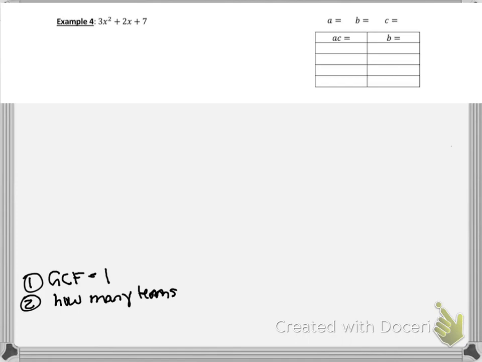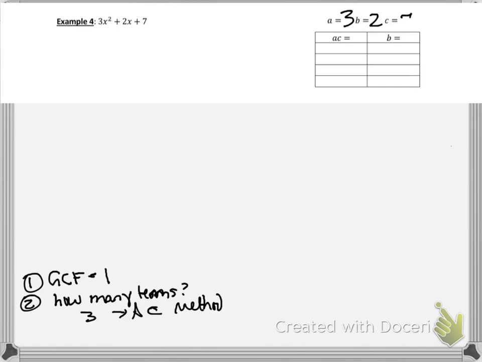As soon as we count 3 terms, we move on to use the AC method. So pause the video if you want to work ahead of me and see if you can do this problem on your own.